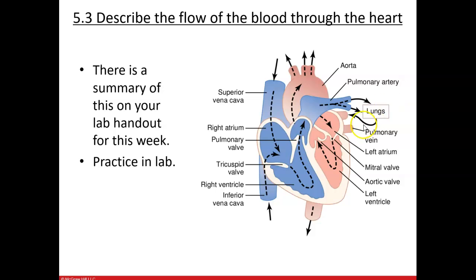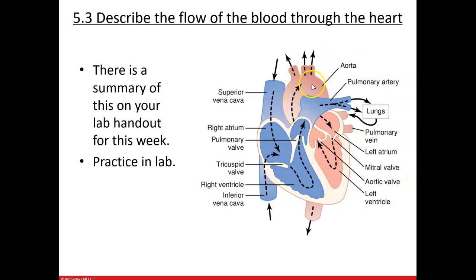If you practice that, you'll recognize the parts of the heart and the flow of the blood, and the significance of the right side being the pulmonary circuit, the left side being the systemic circuit. And you'll understand why the left side has more muscle, because it's pumping blood to the entire body.